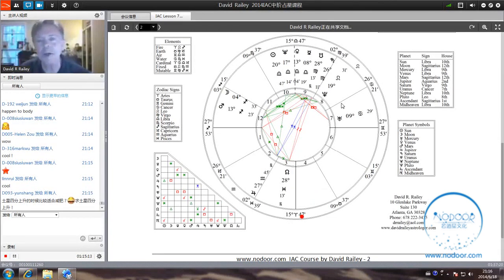Okay, so this is an example of several things. This is Saturn in Virgo expressing itself when Saturn was opposite it at the age of 15. See? And the capacity for self-discipline. My father used to tell stories about this.